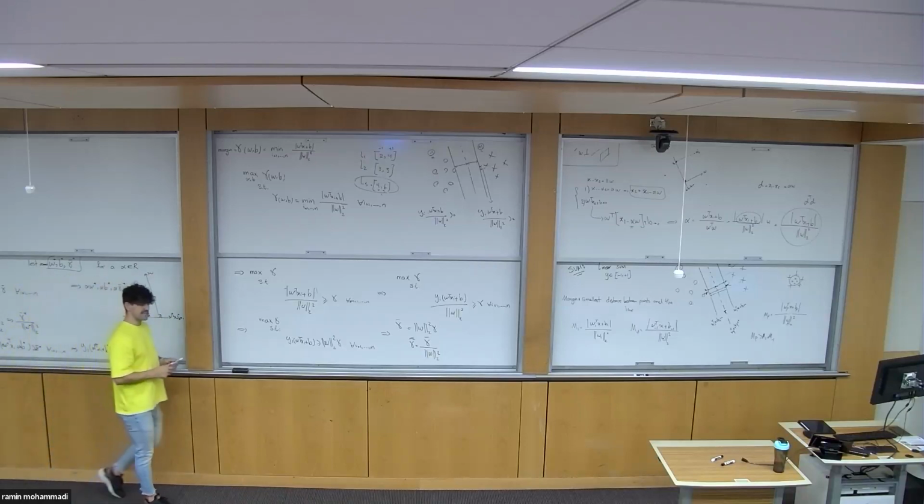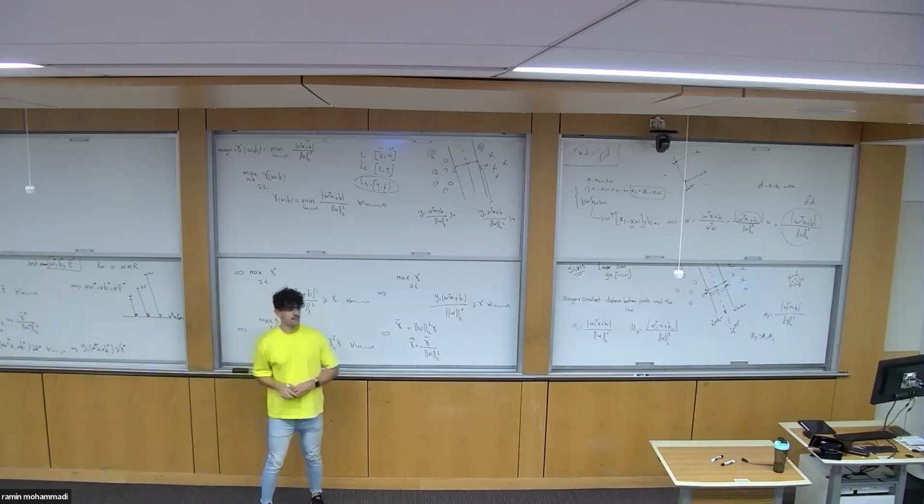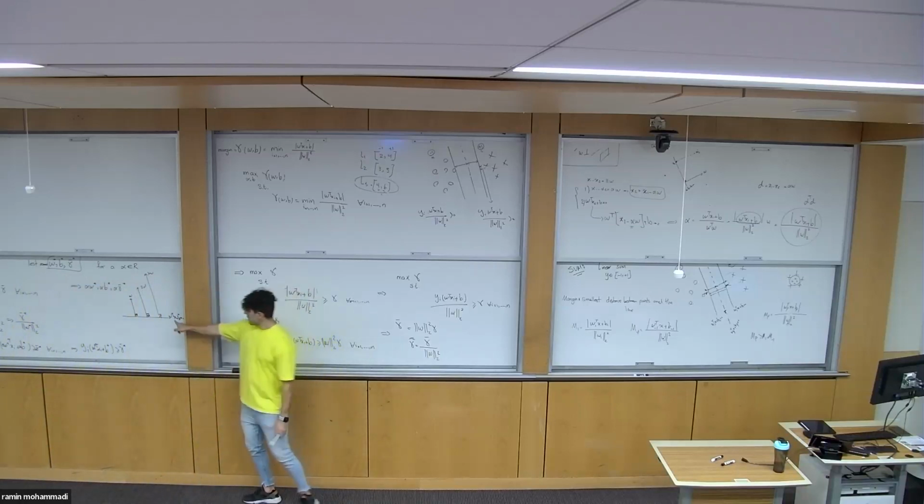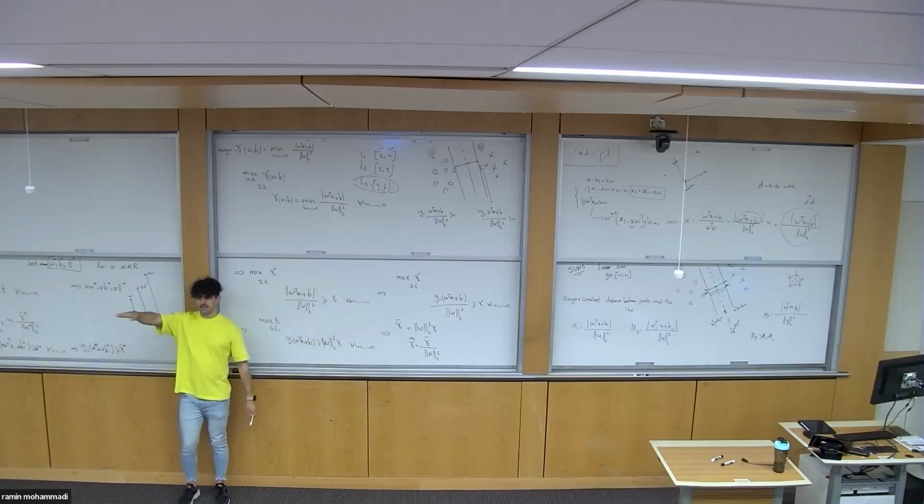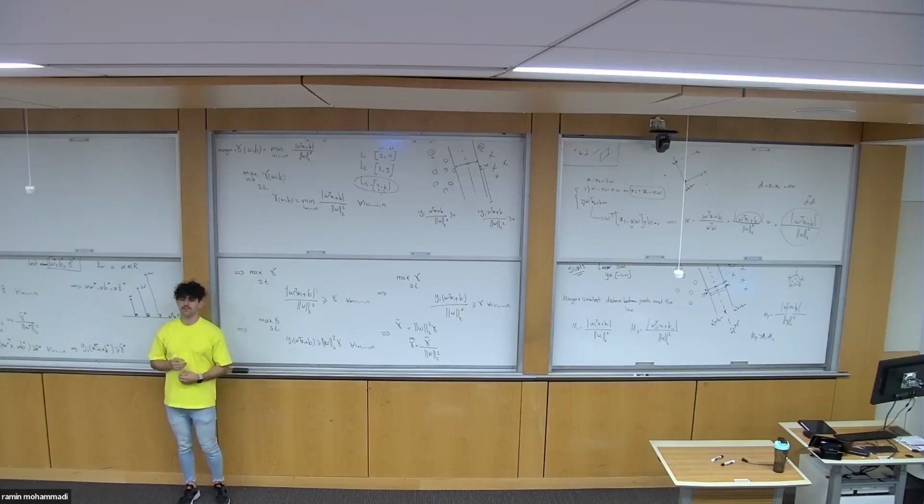So every time I scale W, B, and gamma with the same ratio, the direction of the line is the same, but W's magnitude is increasing, correct? That's not the same line anymore. What was the main promise that SVM had? It will give an optimal line, only one unique answer. What's the problem here?